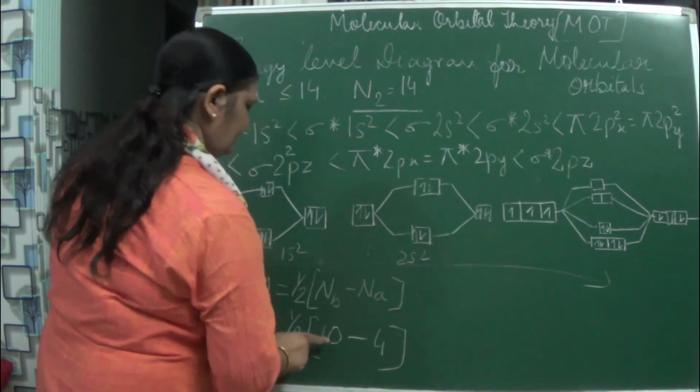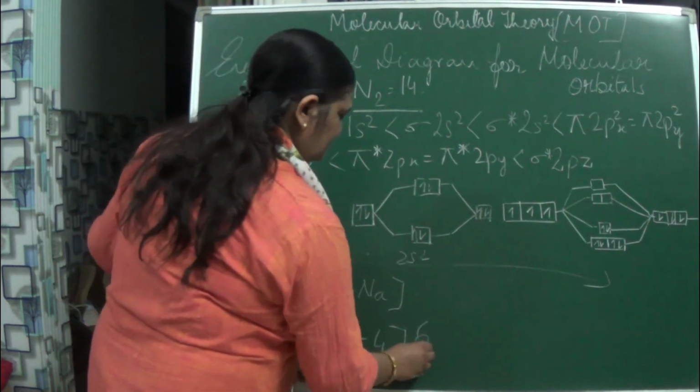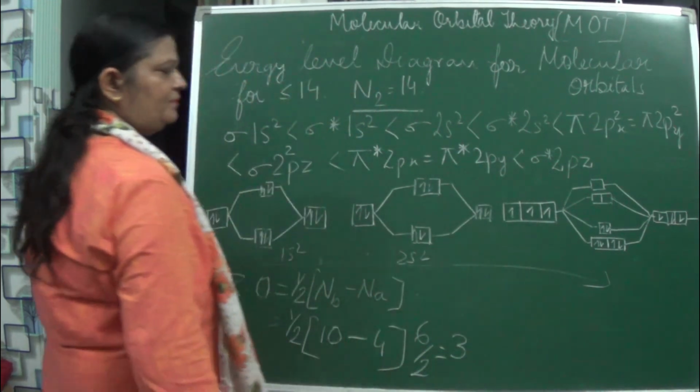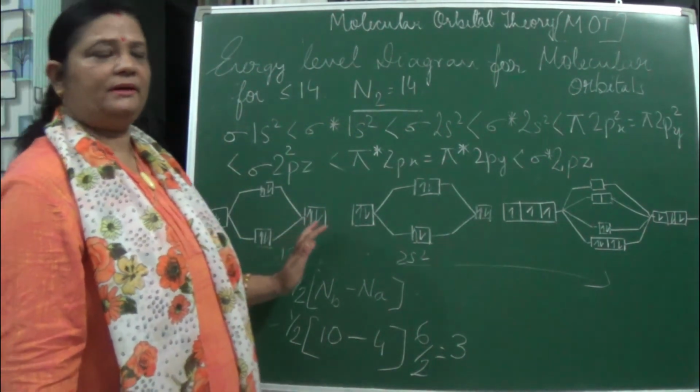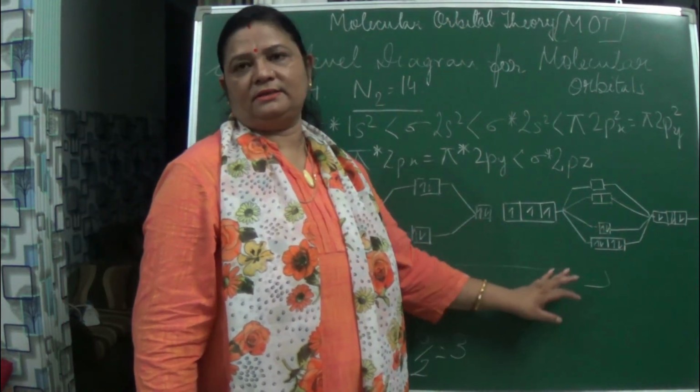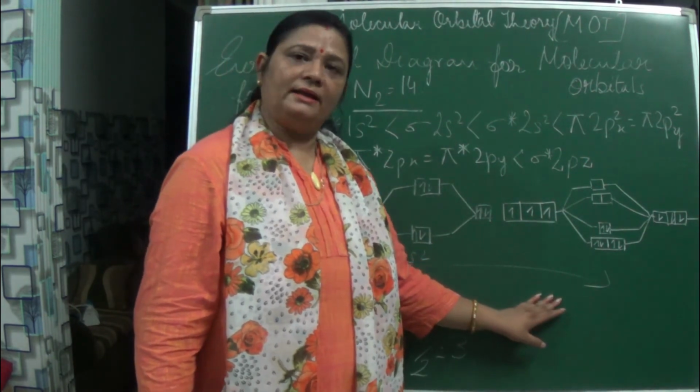So it is coming how much? 10 minus 4, 6. 6 upon 2, it is 3. Is it diamagnetic or paramagnetic? You can see the electrons are paired over here, so it is diamagnetic in nature.